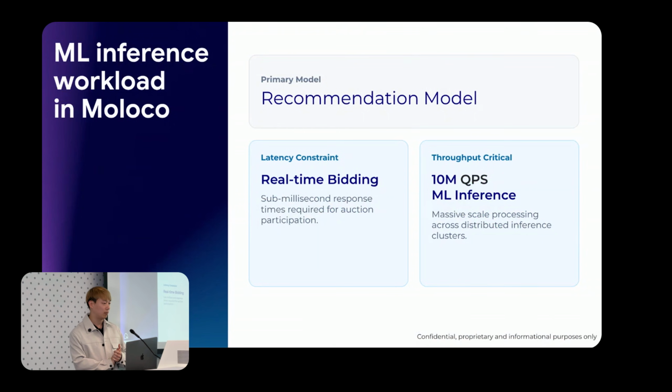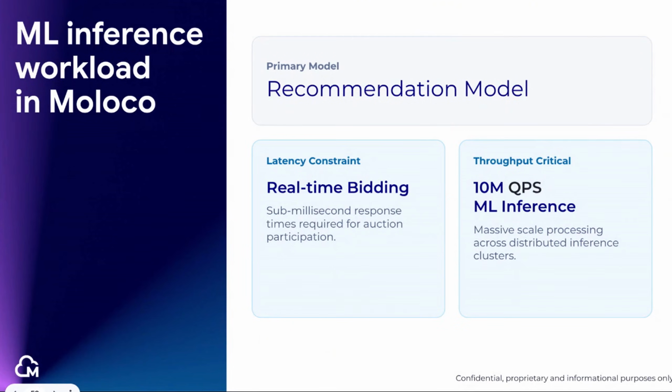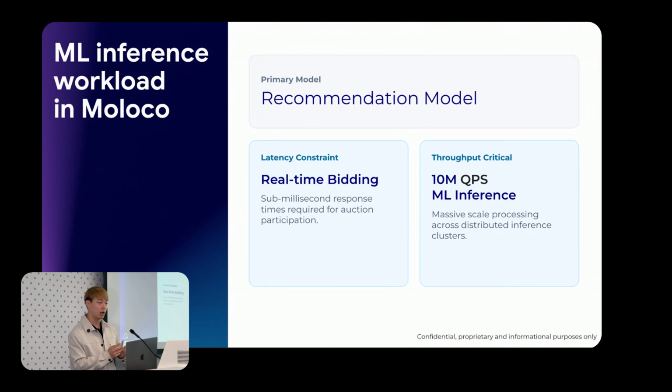But first of all, let me introduce what our ML inference workload is at Moloco. Unlike other companies who mainly work on LLMs, we primarily work on recommendation models. I think we already covered the economics behind these ML inferences. For us, two things are very critical. First is latency. Since we do real-time bidding, sub-millisecond response time is required for auction participation.